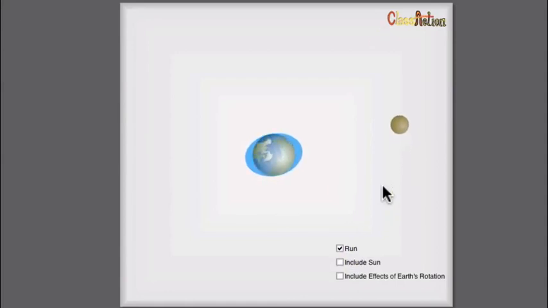But there are another 2 effects that come into play. One is we can include the sun. So in this picture, the sun is way off to the right. The sun is attempting to extend the Earth as a horizontally extended oblong, whereas the moon attempts to draw the Earth to whatever direction points towards the moon.